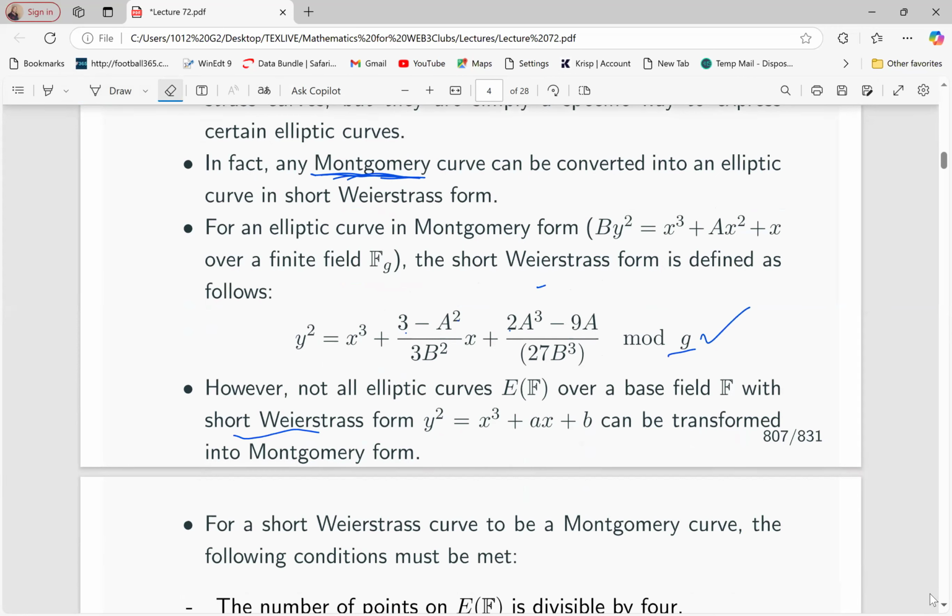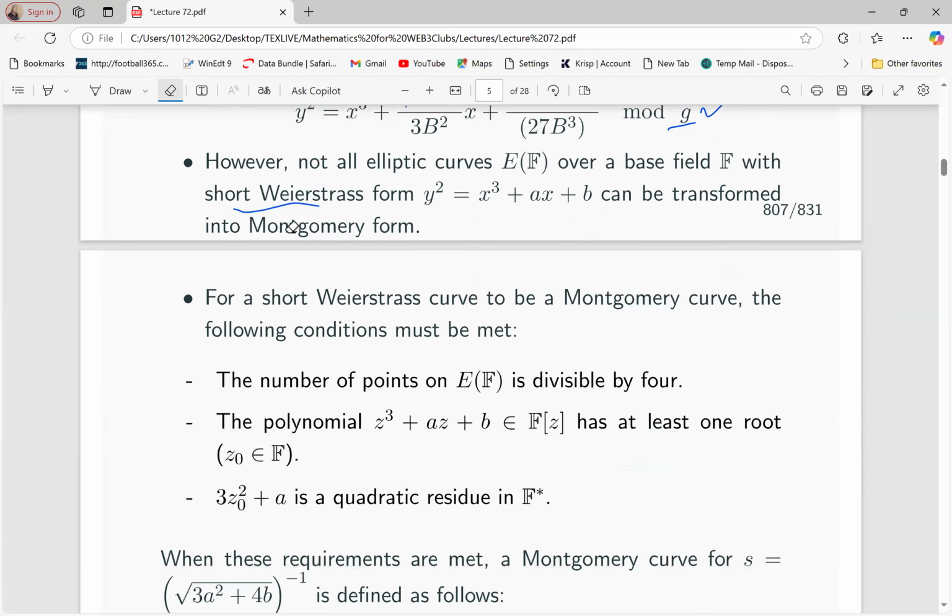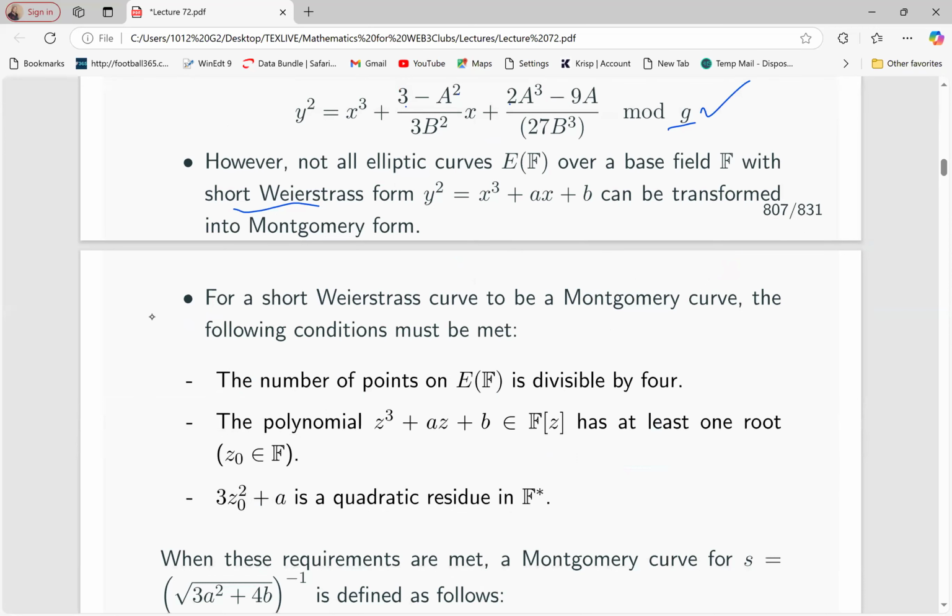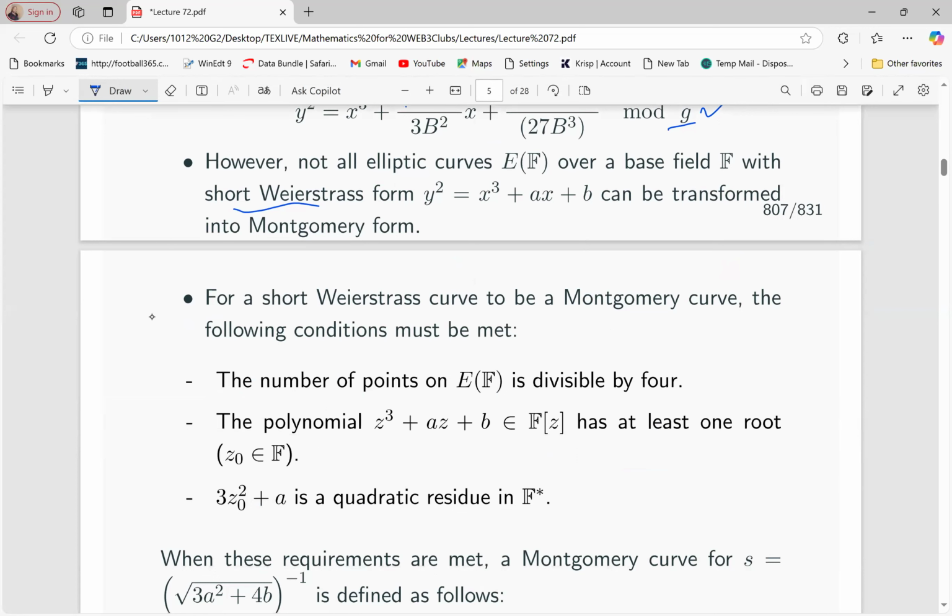Which short Weierstrass form equations can be converted? For a short Weierstrass curve to be converted to a Montgomery curve, it must meet the following conditions. The first condition is that its number of points must be divisible by 4.